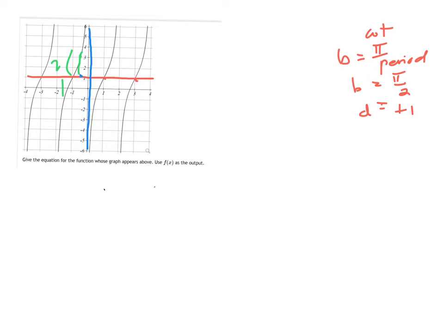But because I know it's flipped, I know a is 2, but because it's been flipped over, it's a mirror image of what I would expect a cotangent to be. I know a has to be a negative 2.